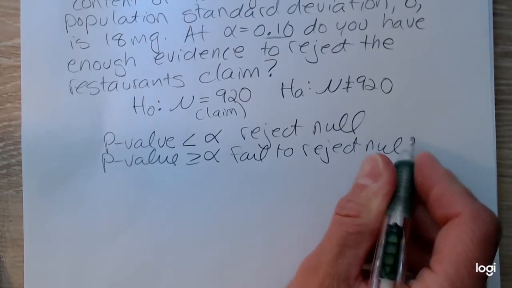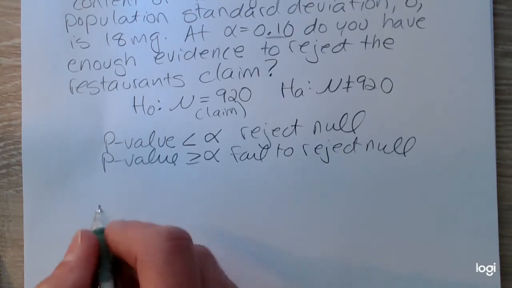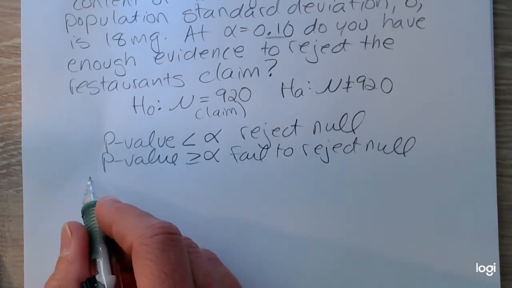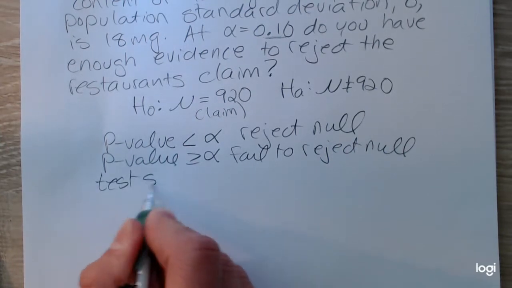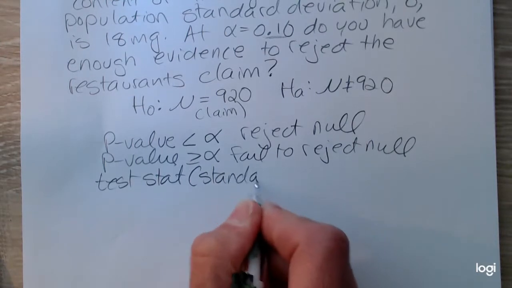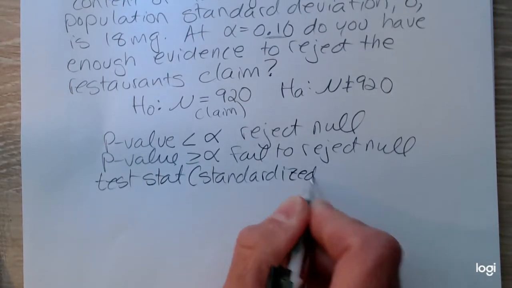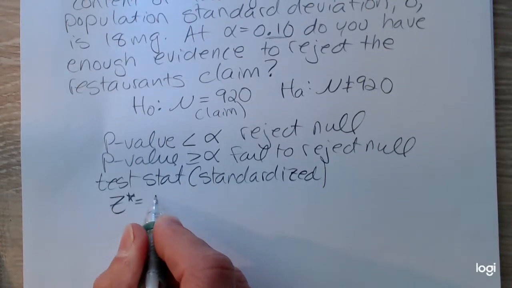So how do we find the p-value? Well, to find the p-value, we need our standardized test statistic. And again, I found that in my previous video. So our standardized test statistic, and I want to indicate that that is standardized, was found to be 1.84.